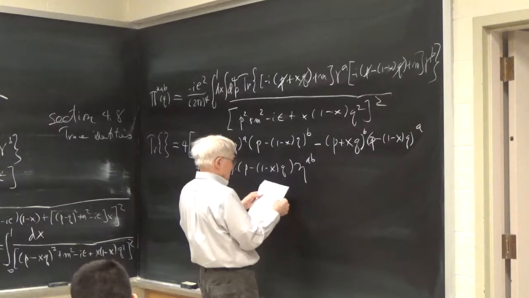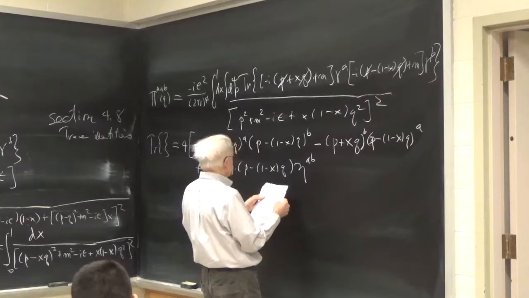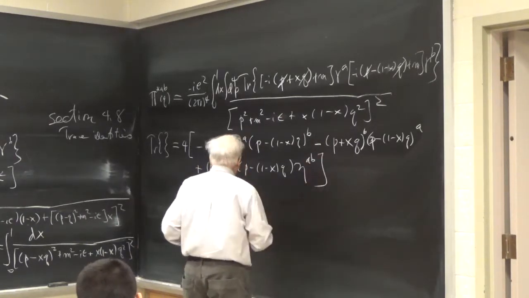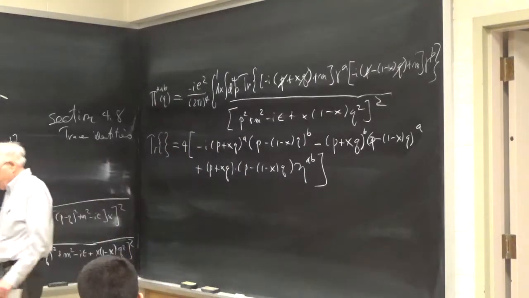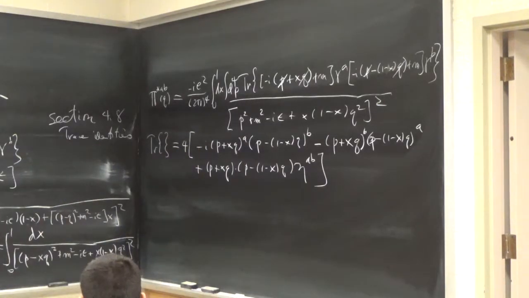I think that's in fact it. I rewrote things slightly, but that's actually what it is. Okay, so that's what the trace identities give you.